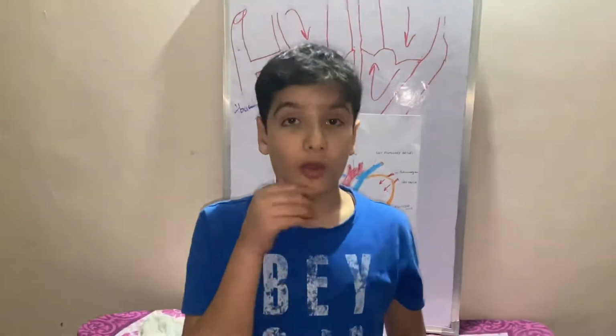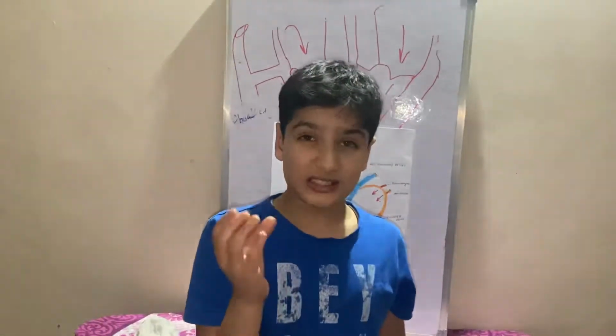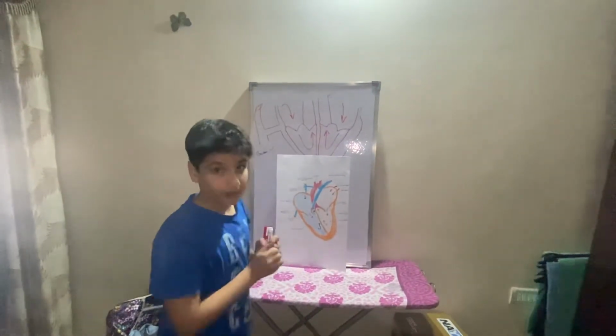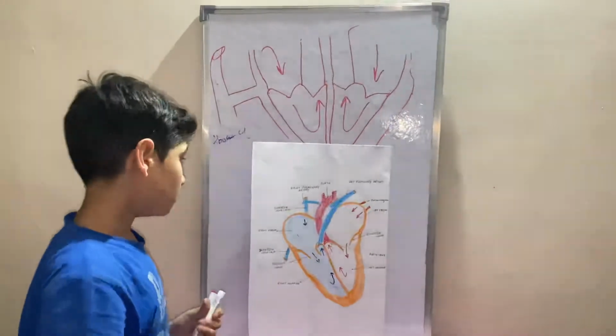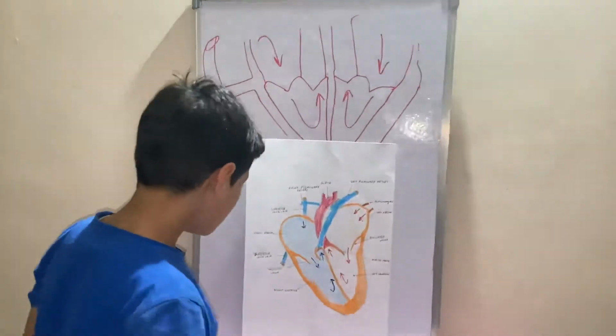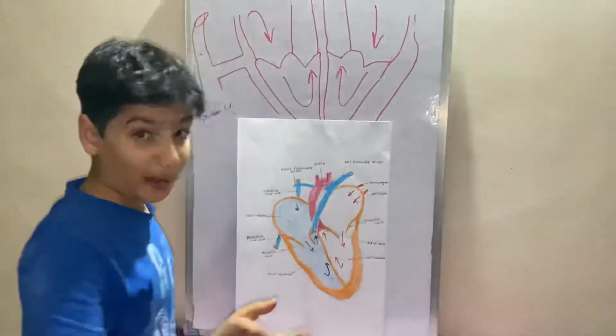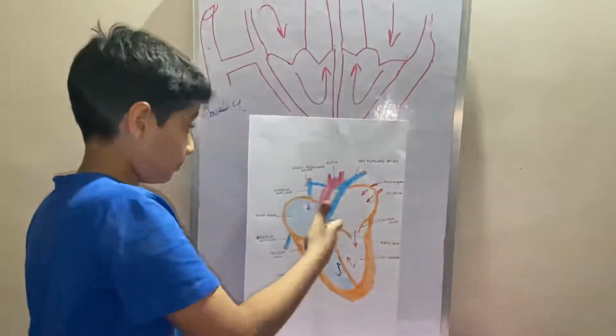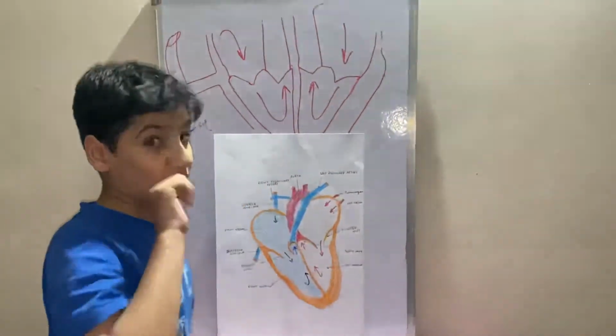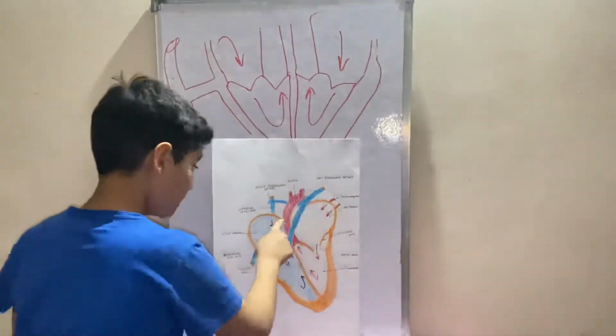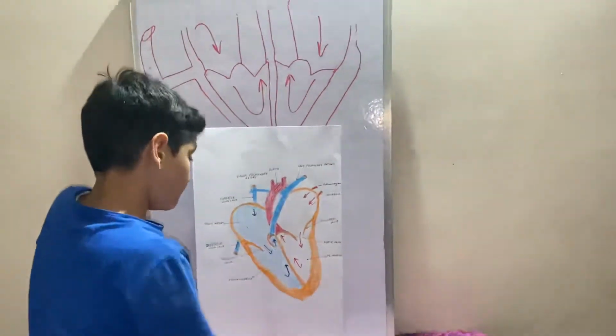The top half of the body, the mouth, the teeth, the nose, the hair, is collected by the superior vena cava. But why do they collect deoxygenated blood? To get it oxygenated. But we have more processes going on to get it to the lungs. It goes into the right atrium.